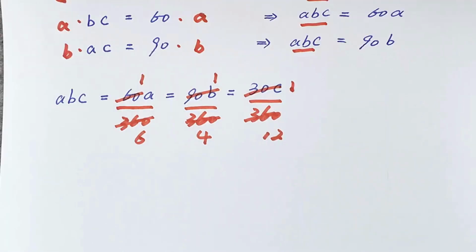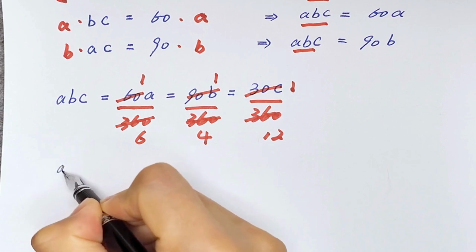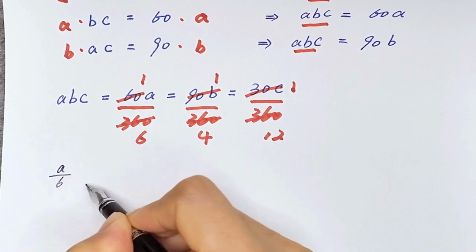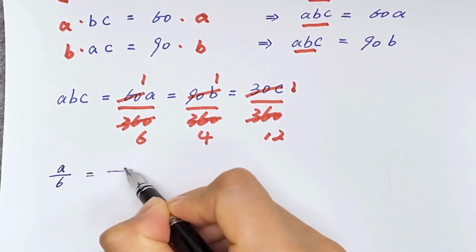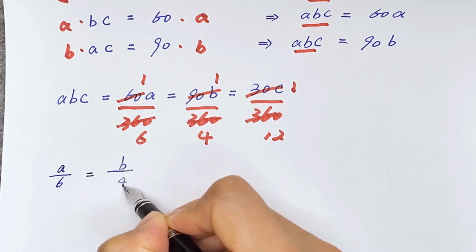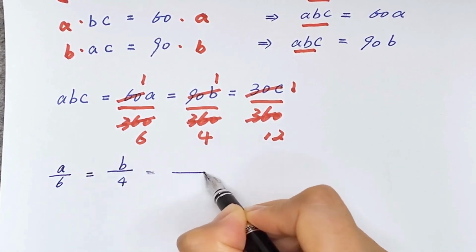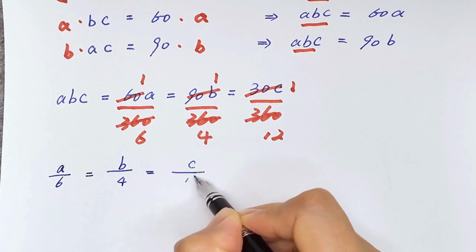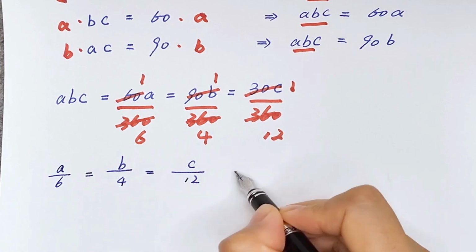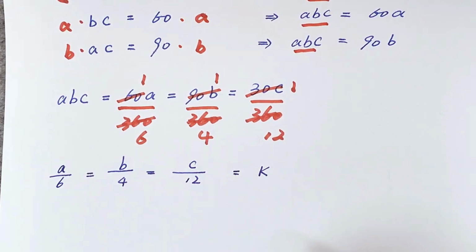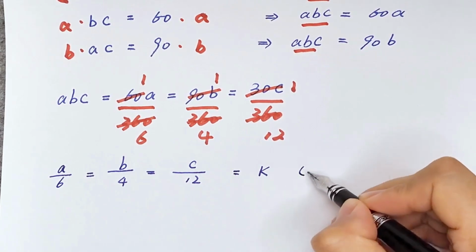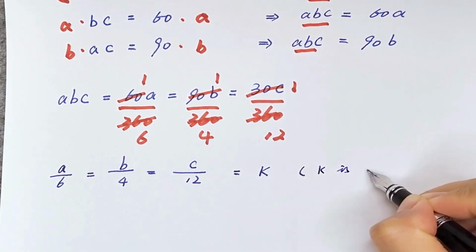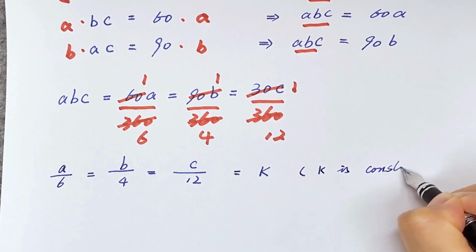So it will be A over 6 is equal to B over 4 is equal to C over 12. So this all is equal to K, K is constant.